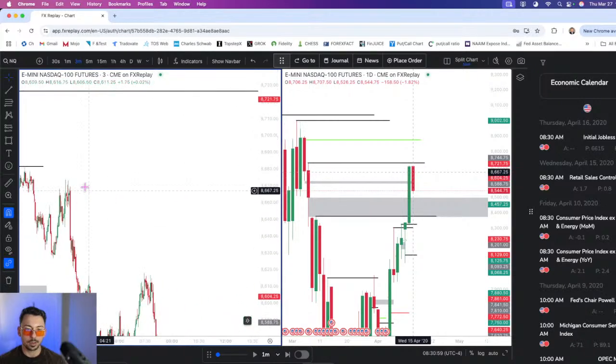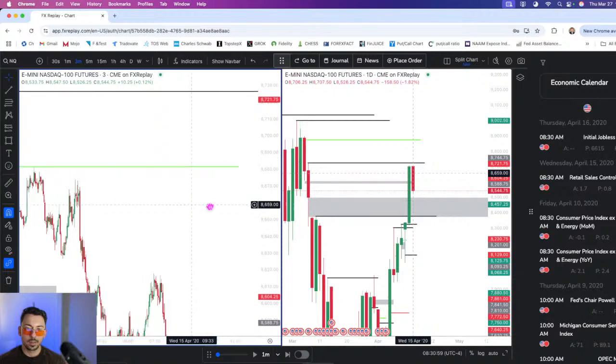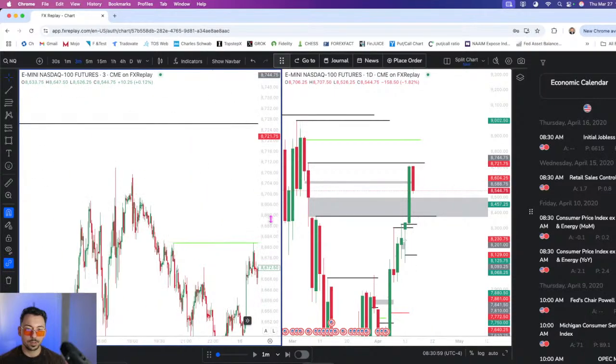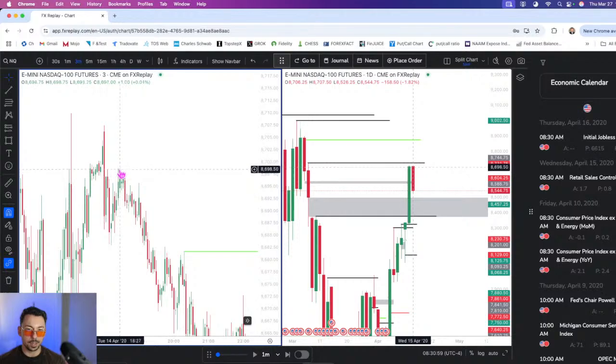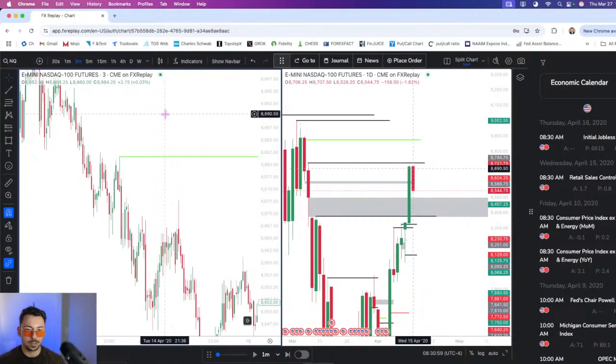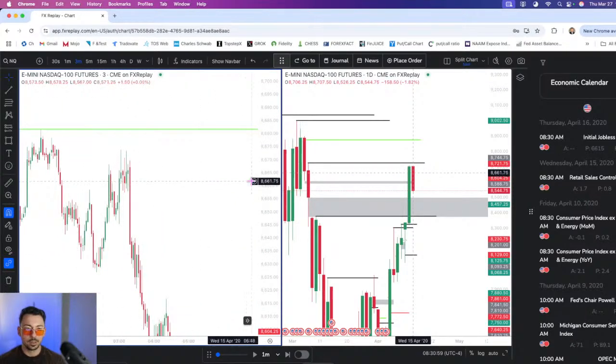So let me label these on the chart quick. And anything else that we're missing? So again, guys, perfect equal highs right here, but I'm not as inclined to take this as other trades because they're super, super close to each other. They're right next to each other. All right.